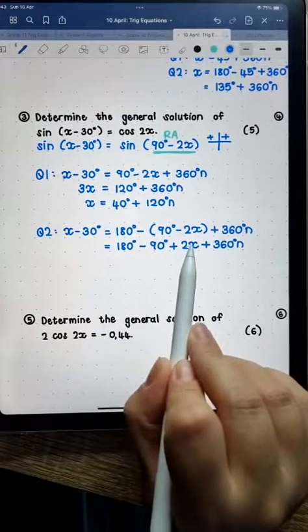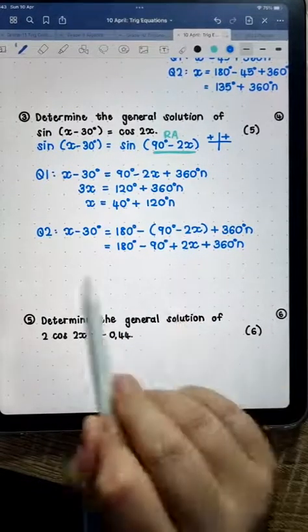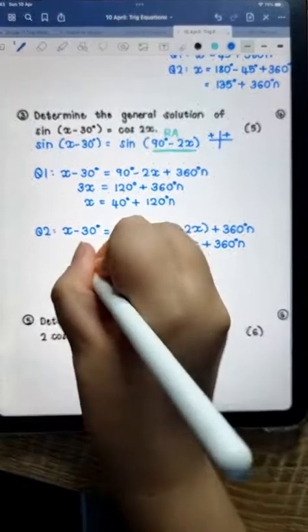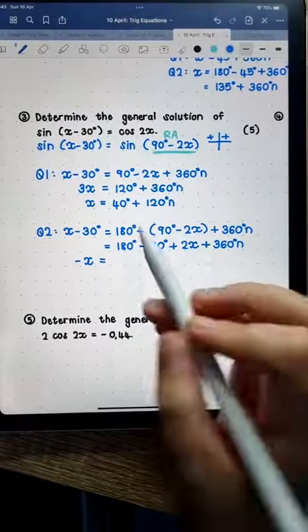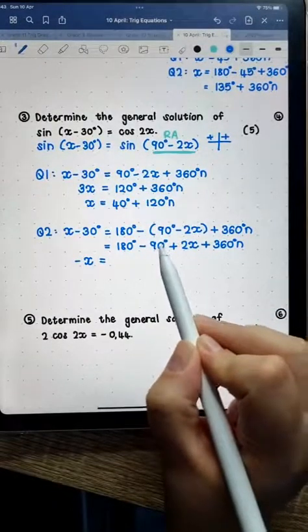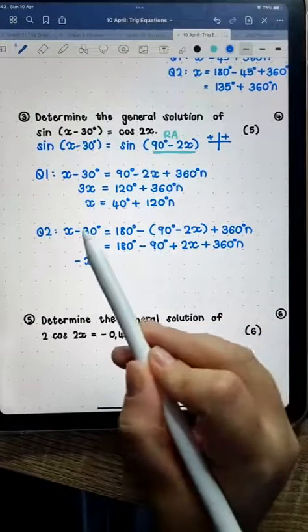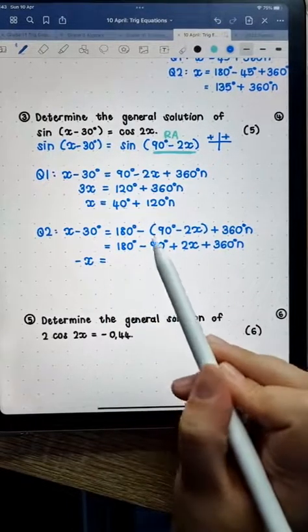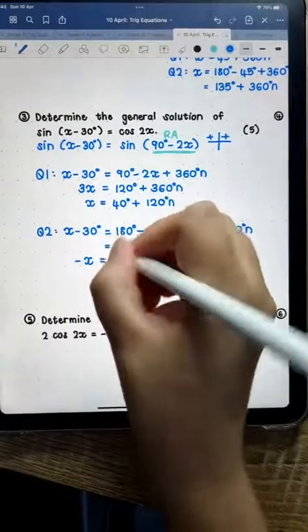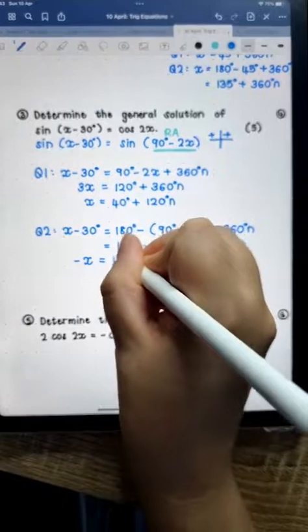It's going to become minus 2x. So we have x minus 2x, that's negative x. So we're ending up with a negative x, but it's not a problem. We have 180 minus 90, that's 90 degrees. Then this negative 30 is going to become positive 30. So we have 90 plus 30, that is 120.